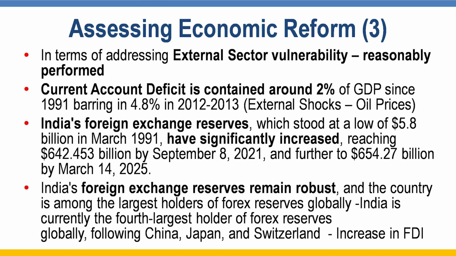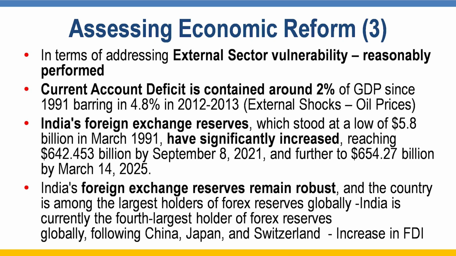Barring that period, for most of the period since 1991, we have been managing our current account deficit around 2%, which is quite good. If we look at the foreign exchange reserve, at the time of the 1991 reform, we had a bare minimum foreign exchange reserve, sufficient to cover only 3 weeks of imports. The 1991 value was 5.8 billion dollars. Now we have significantly increased that.